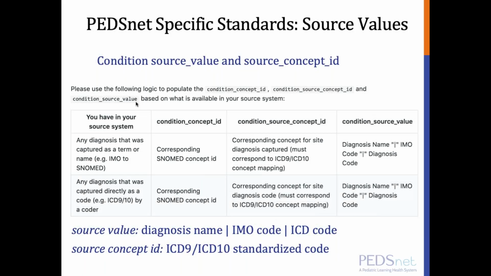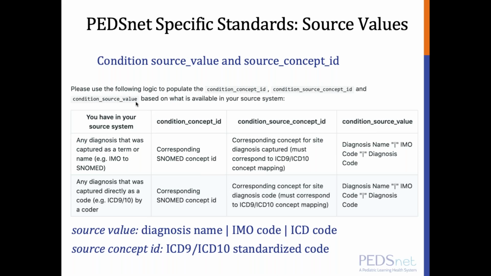We've also used the source value. So source value in these fields, in these different tables, is meant to represent what's in the source structure itself that people are pulling from. And we are leveraging these tables to maximize the information sent to us.